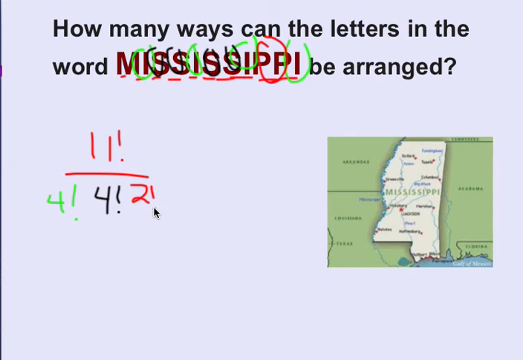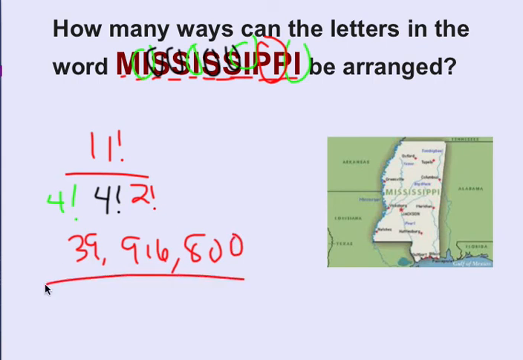Now I find that this can be complicated to try and simplify, so this is one that I actually just plug into my calculator. So first thing I do is figure out what 11 factorial is. So 11 times 10 times 9 times 8 times 7 times 6 times 5 times 4 times 3 times 2 times 1. And when I do that, I get 39,916,800.